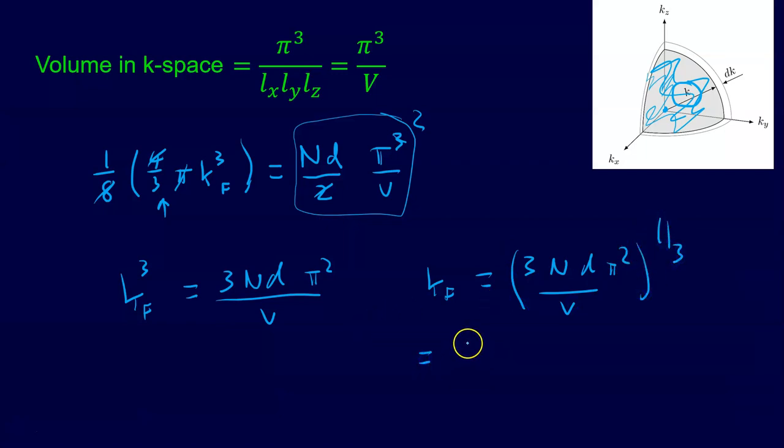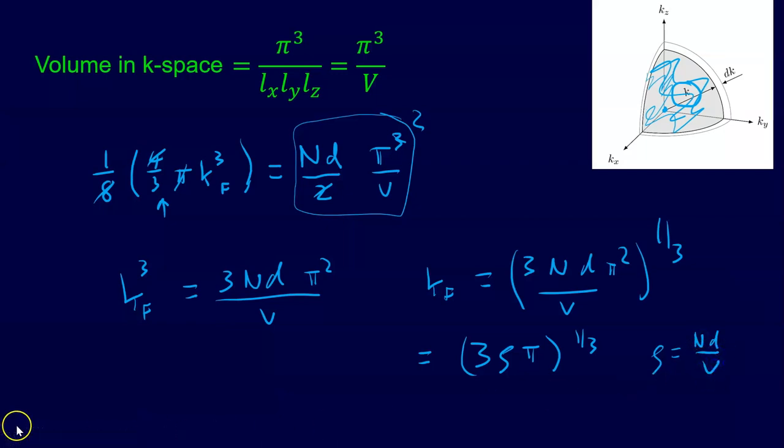And then you'll see in the textbook, they like to write this as 3 times rho pi squared to the 1/3 power, where this rho works out to be this conglomeration of nd over volume, where again this density is the density of free electrons inside your material. It looks like I forgot a factor of 2 over here, so it should be 3 rho pi squared for that one right there.